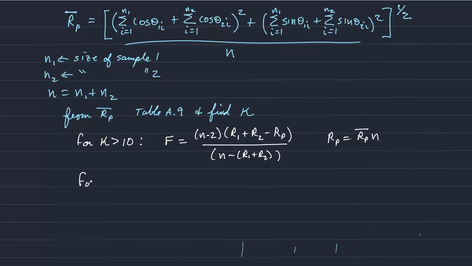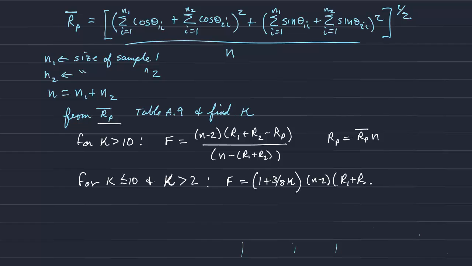Now, if we find that kappa, again, based on the normalized pooled vector, is less than or equal to 10 and greater than 2, then we use a slightly different equation for F, where F is equal to 1 plus 3/8 kappa times n minus 2 times R1 plus R2 minus Rp.